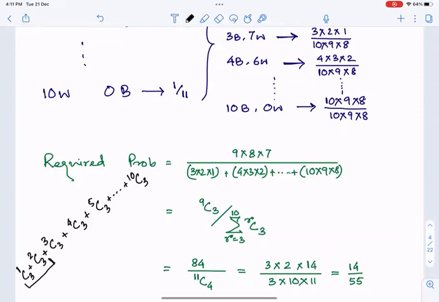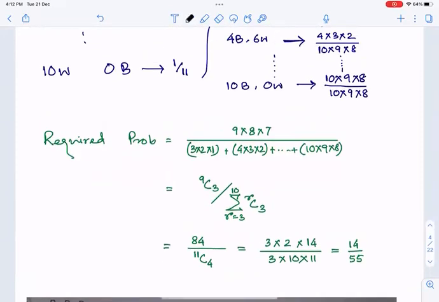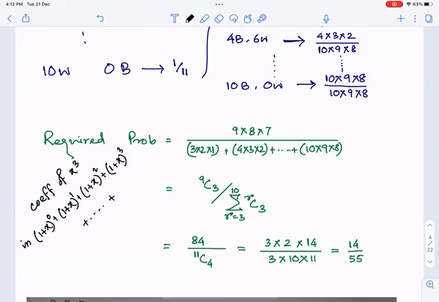These are actually not contributing terms. But what help it can provide us is that we can think of this whole expression as the coefficient of x cube in (1 plus x) to the power 0 plus (1 plus x) to the power 1 plus (1 plus x) whole square plus (1 plus x) whole cube, and so on up to (1 plus x) to the power 10.